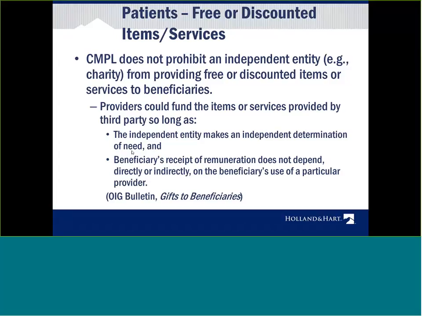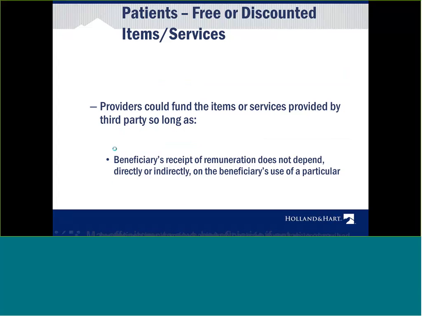So there really should be no tie back to, you know, provider A funding a nonprofit or a charity giving out a certain type of item, but then there's any tie to the patient being sent back to that provider or having their use of that provider dependent on them receiving that item or service.